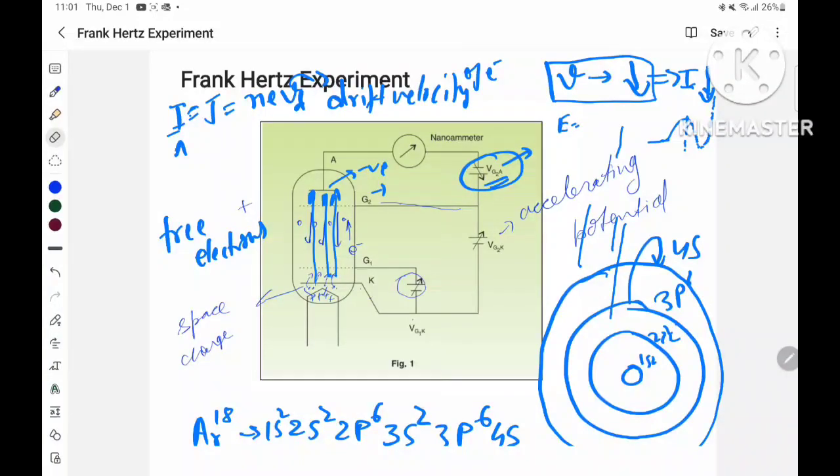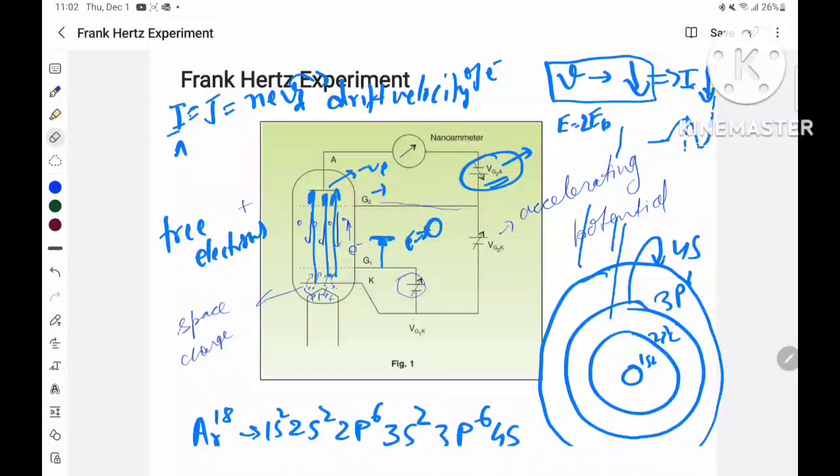Suppose previously when we recorded the dip, that was at EP. Now you gave so much potential that the energy becomes 2 EP. Then what happens? Whatever electron has started from here, the electron reached half the distance needed to be traveled to reach the anode. At this time this electron has imparted its energy to the argon atom.